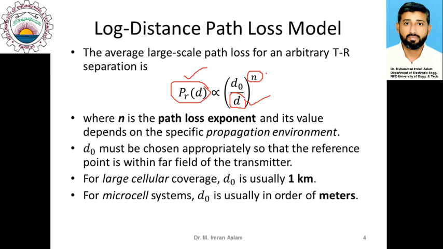So this n is an important parameter that determines how much the power is degrading when we increase the distance. This n is known as the path loss exponent, or in some cases it's known as the path loss index.